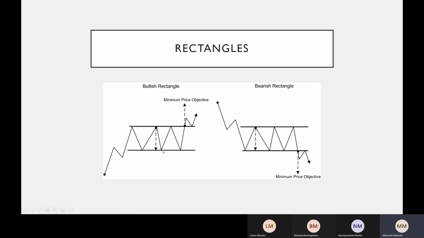It keeps bouncing off the same level, and then the upper bound is the level where the market bounces off, and then it goes down. So it respects that level. So once you are able to predict this rectangle, you can enjoy trading inside the channel.